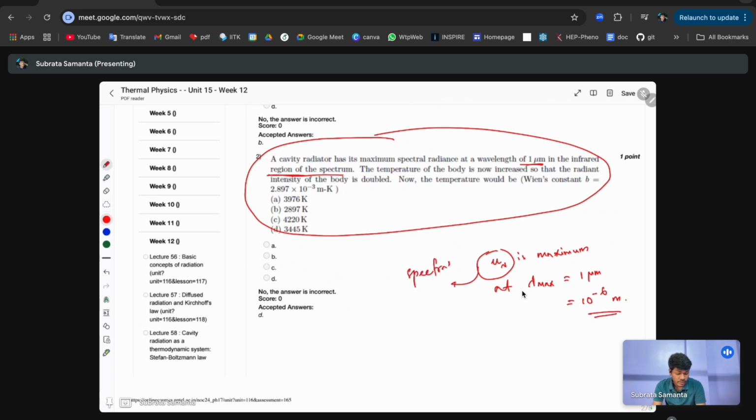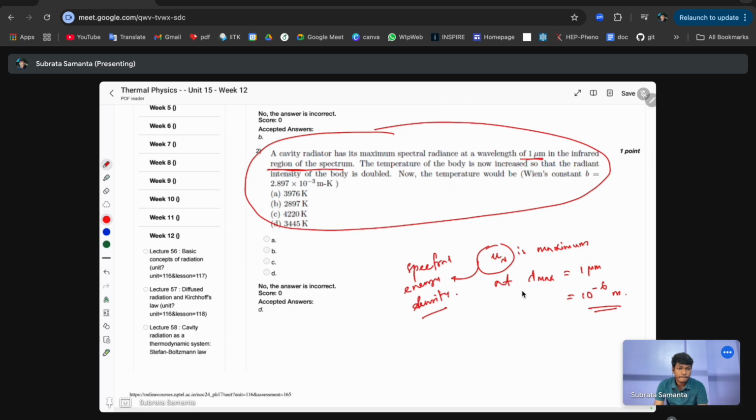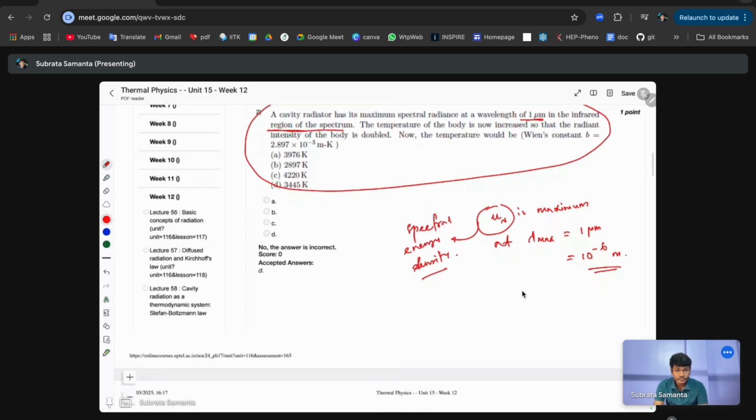So u lambda is basically the spectral radiance, the spectral energy density. And the temperature of the body is now increased so that the radiant intensity of the body is doubled.